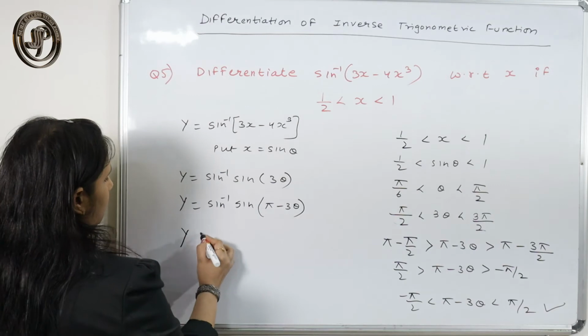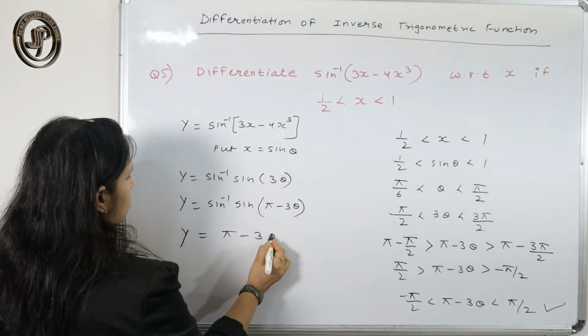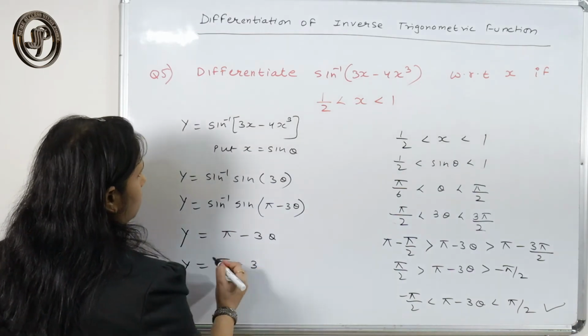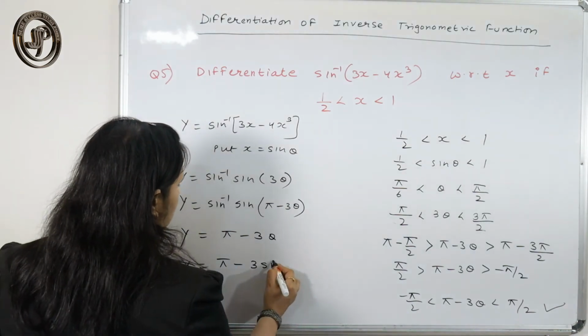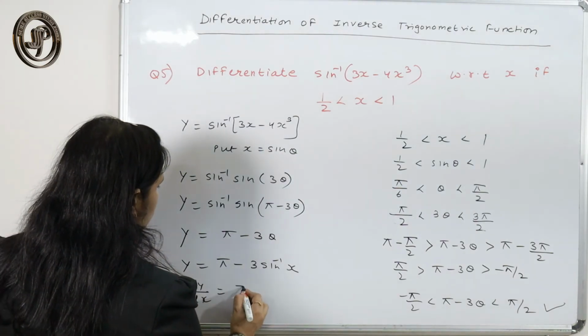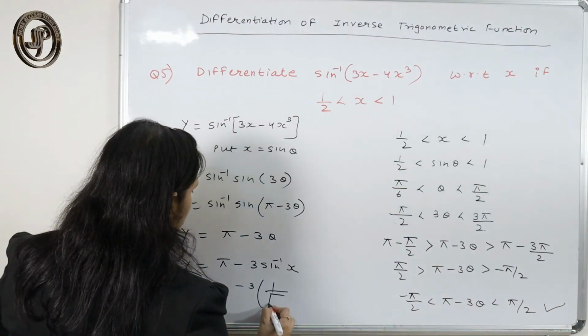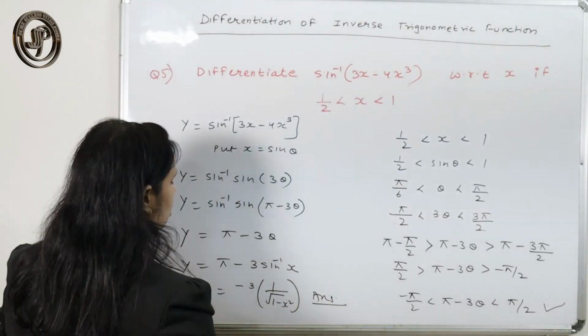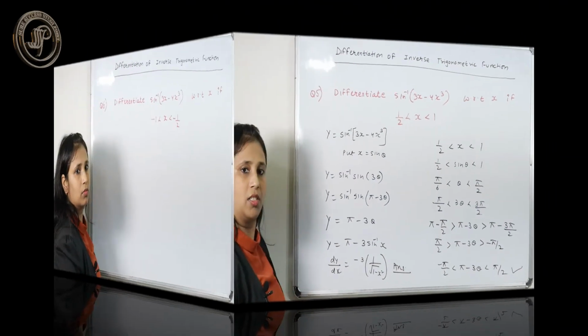So now this can cancel out and we can write this as pi minus 3 theta. So pi minus 3 times theta, where theta is sine inverse x. Now differentiate. So minus 3 upon under root 1 minus x square. Okay, so that is the answer.